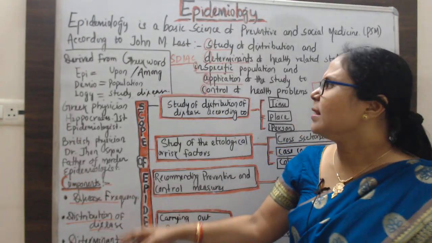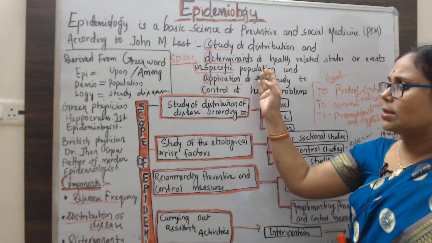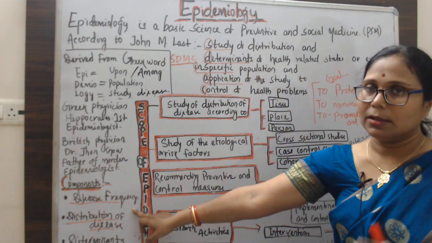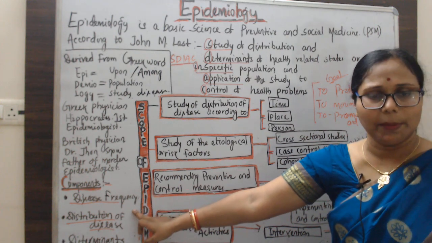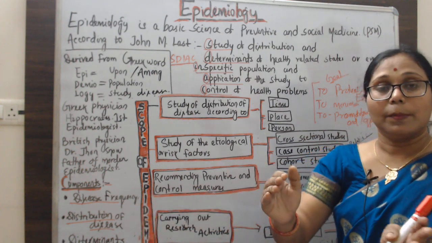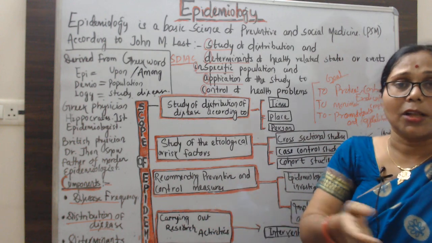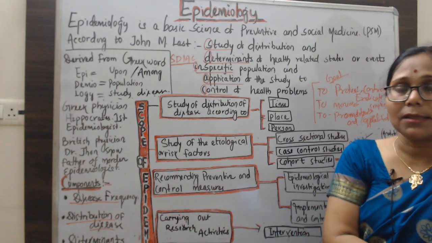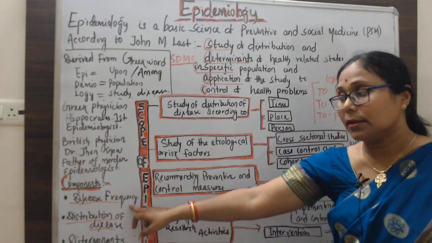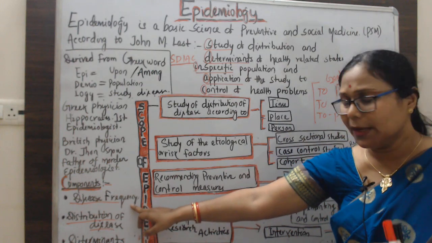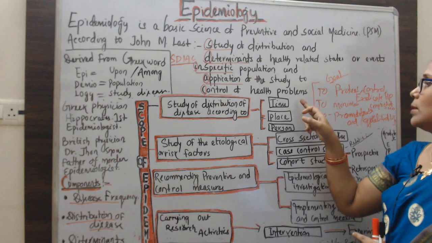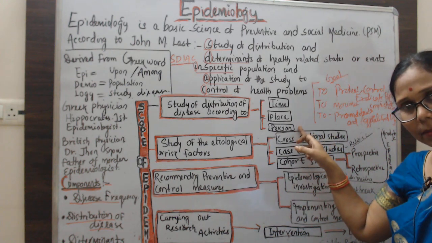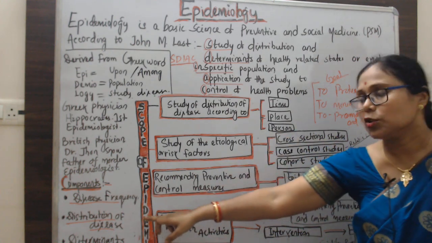Here, in the definition it is already mentioned, the first is disease frequency, that is the rate and ratio: how many people are affected, how many in 1000 population are going to be in disease condition. That rate and ratio is the disease frequency, one of the components. Second is distribution of disease, studied in time, place, and person. That is the distribution of disease.